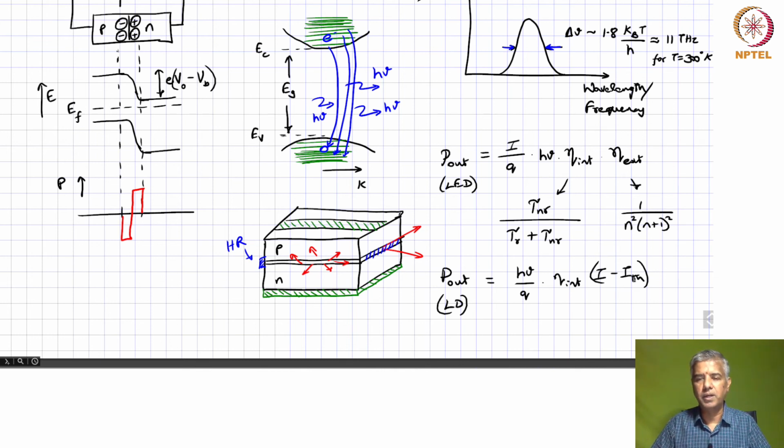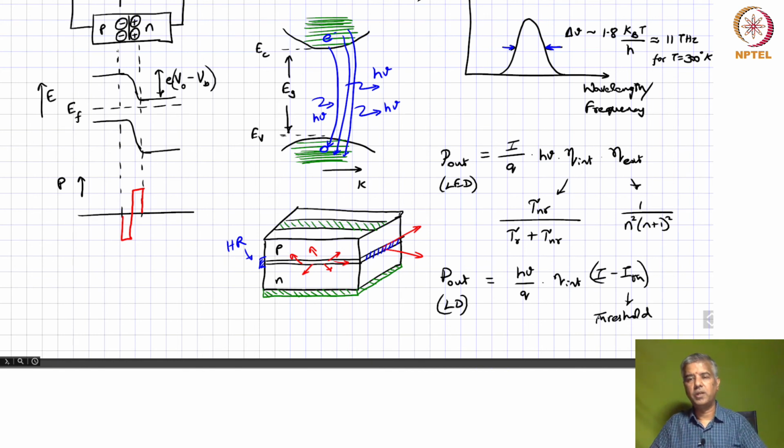Only when you have beyond a certain number of photons within that structure can you achieve stimulated emission. So your output becomes significant only beyond this threshold value.